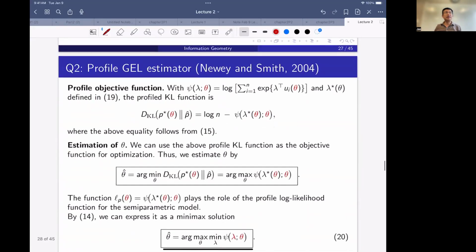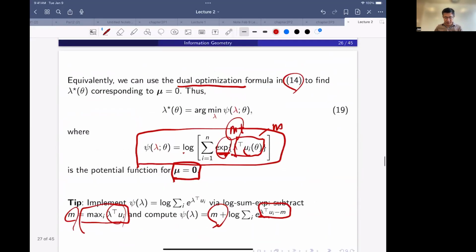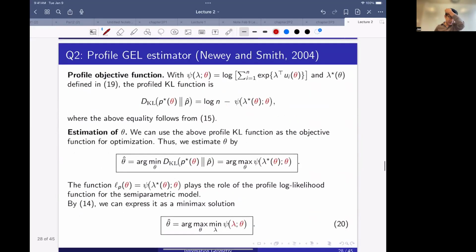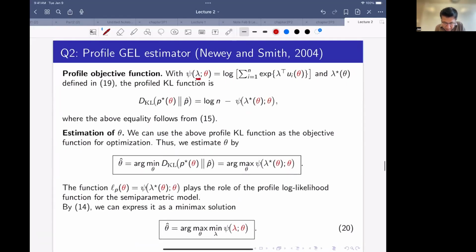Okay. So this is basically I projection, the information projection. Now, the second question is how to estimate the parameter. The basic idea is, look at this. We now have lambda as given and theta is unknown. That means this lambda will be completely determined by theta.